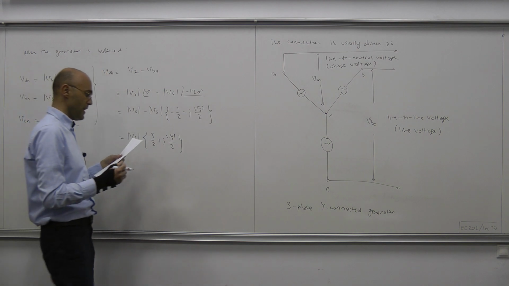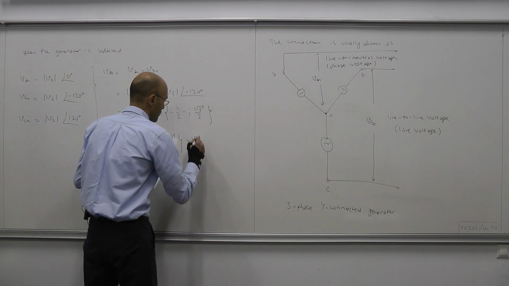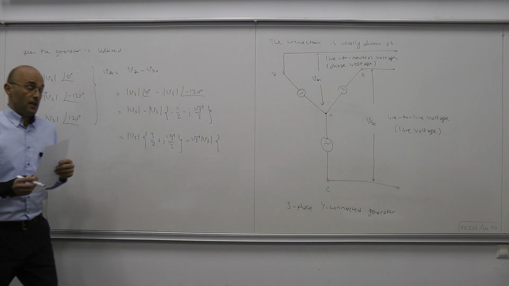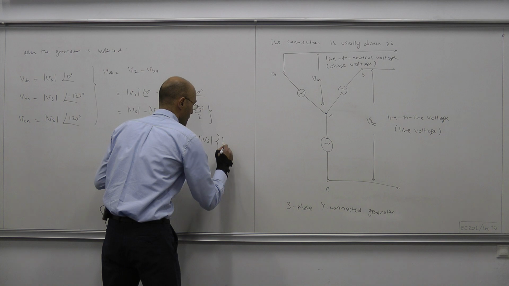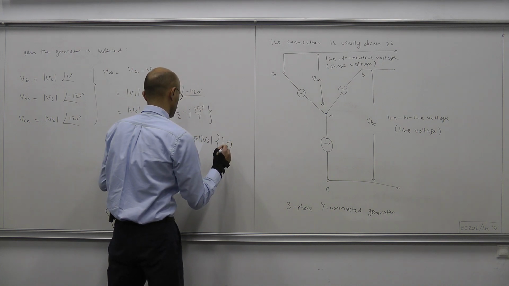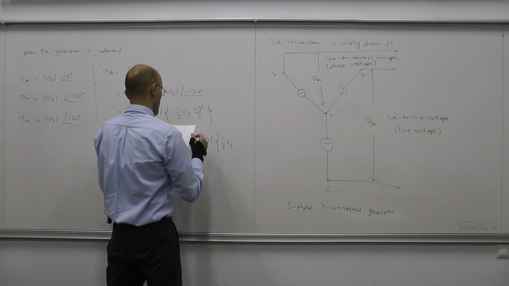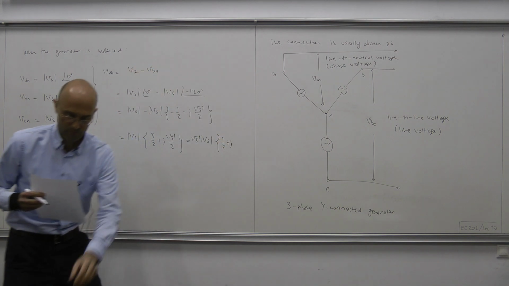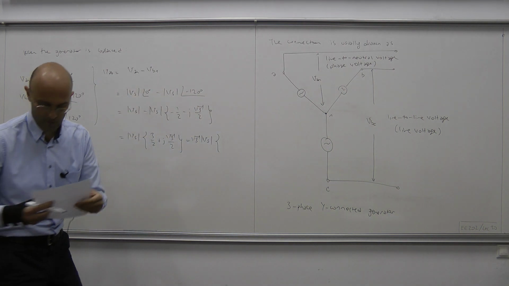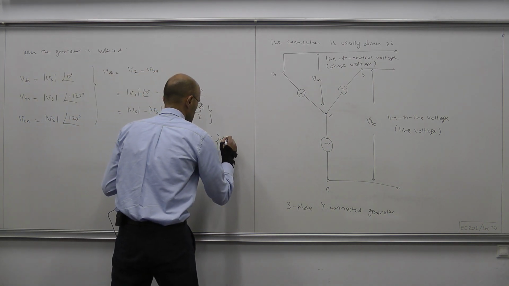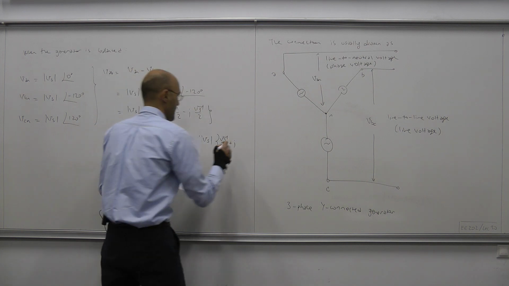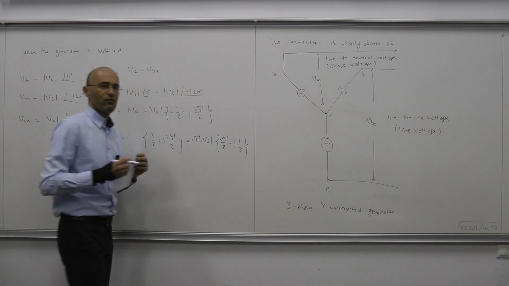And this can be written as square root of 3 times Vs times, excuse me, square root of 3 over 2 plus J 1/2.